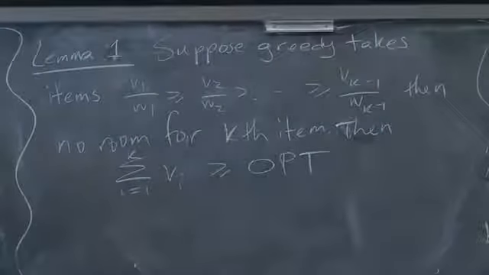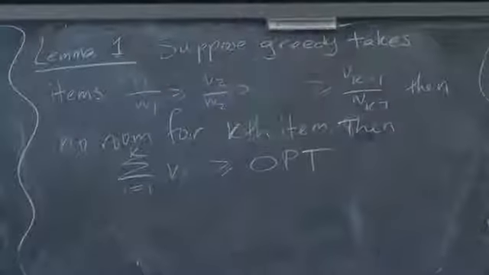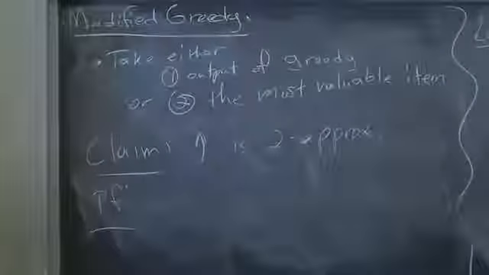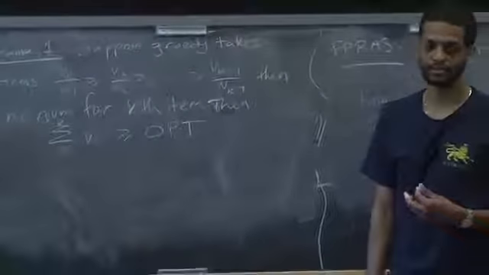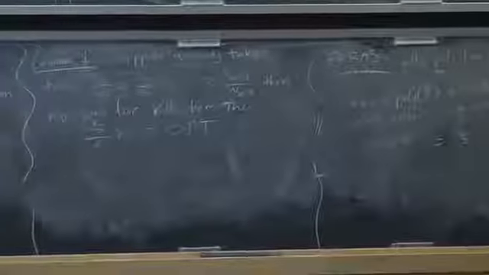So proof. The proof that modified greedy is a 2 approximation, well, I claim it follows immediately from the lemma. Why is that? Are people okay with the statement of the lemma? Yeah.